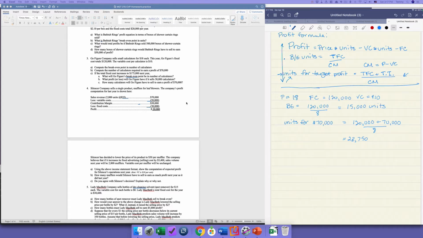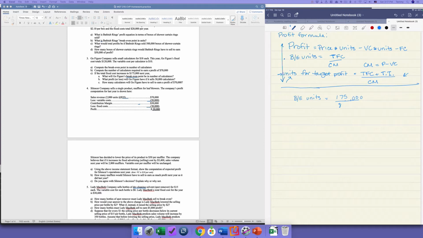And let's see. The break-even, if we increase our total fixed cost to 175, so again, I'm going to erase some of this stuff here. So if our fixed costs are now 175, our break-even units is going to be 175,000 over 8.